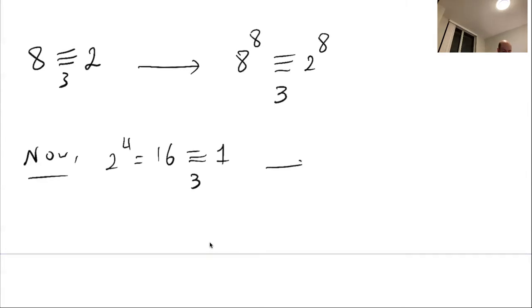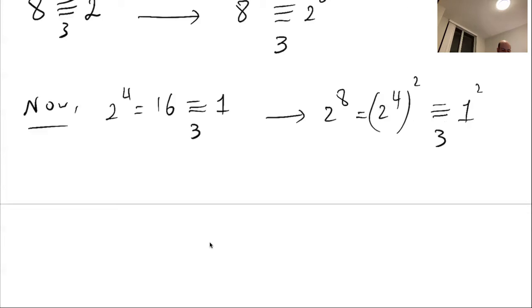So then that means 2 to power 8, which is 2 to power 4 to power 2, is congruent to 1 to power 2 mod 3. 2 to power 4 is congruent to 1, so 2 to power 4 to power 2 is congruent to 1 to power 2. 1 to power 2 is 1. That means 2 to power 8 is congruent to 1 mod 3.